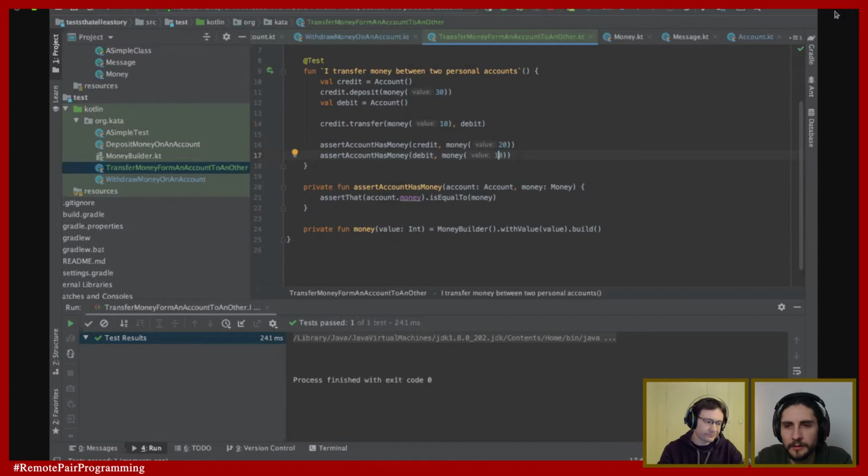This is the happy path. We could either go on the negative scenarios where something's wrong and I cannot deposit the money in the debit account, or something goes bad with the credit account and it should deposit in the debit account. So both of them we need to test.